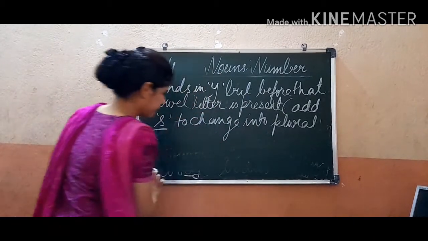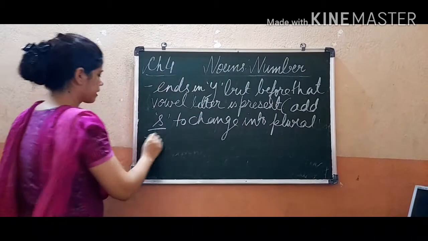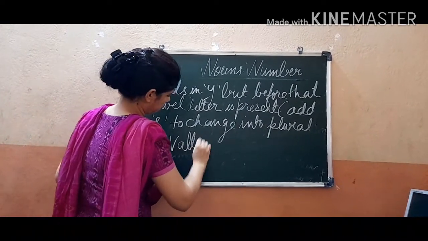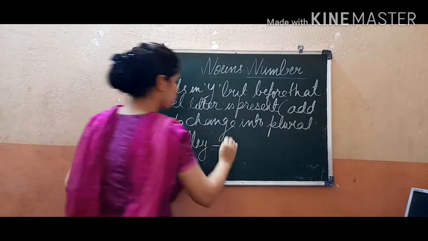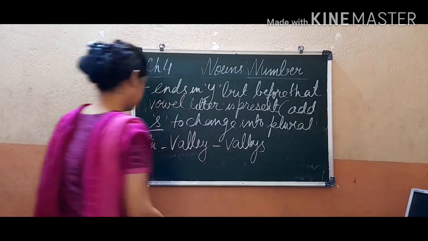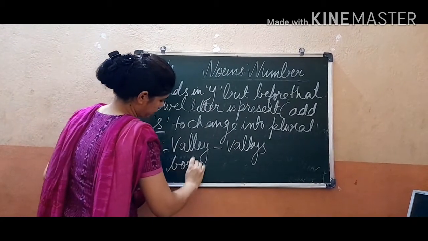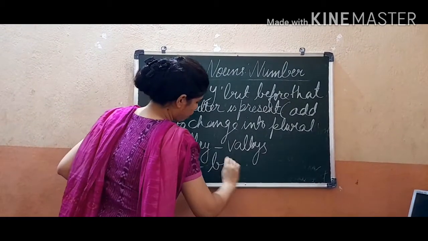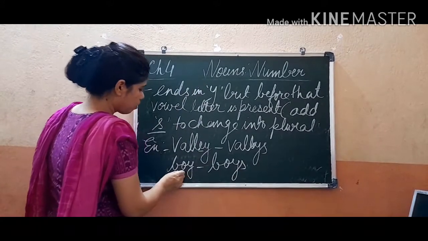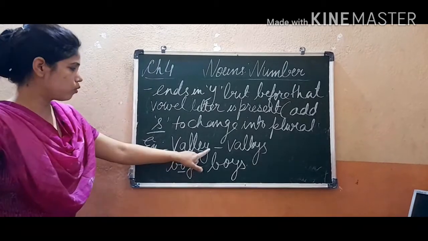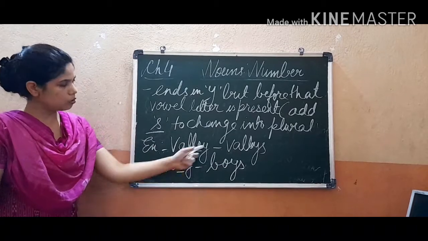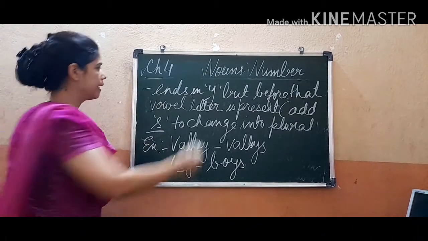Like for example, valley will change into valleys. Boy will change into boys. You see here, e is there, o is there. So before y there is a vowel. So it will only take s to change into plural form. This is the next rule.